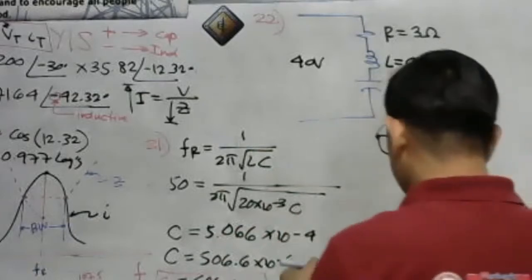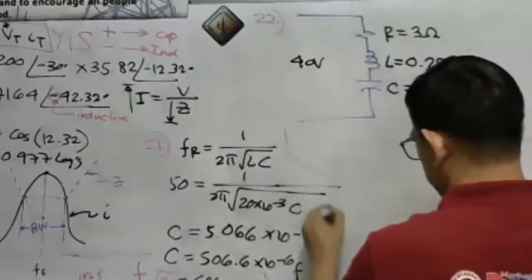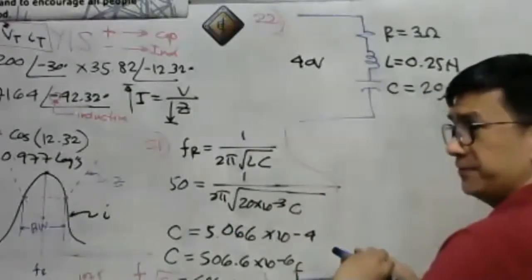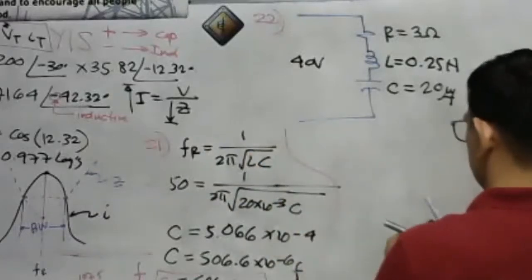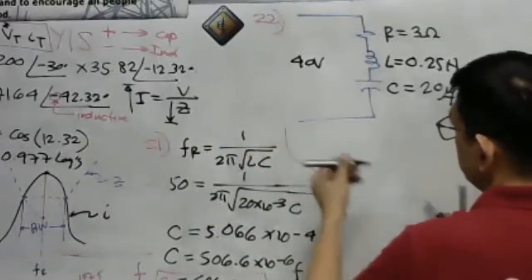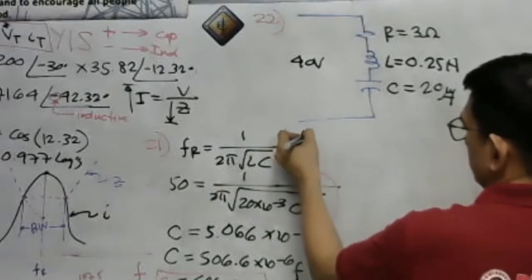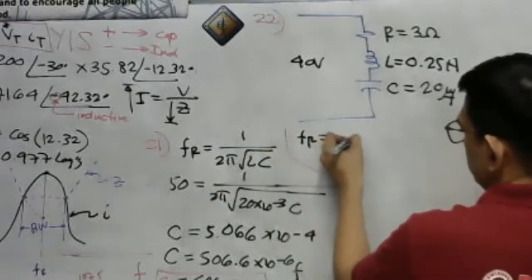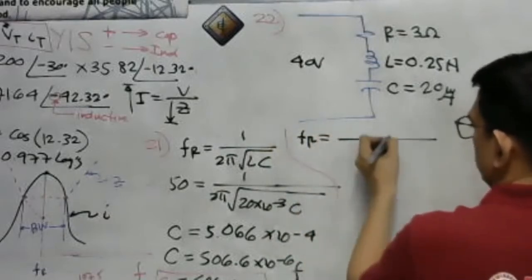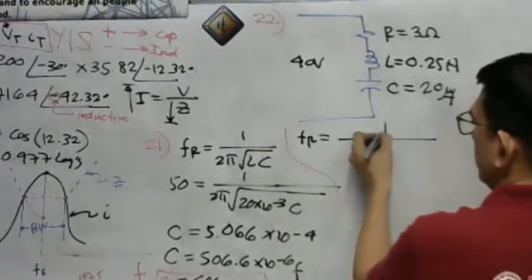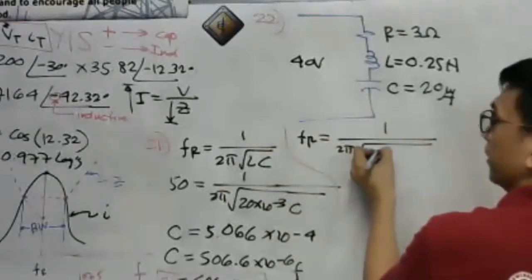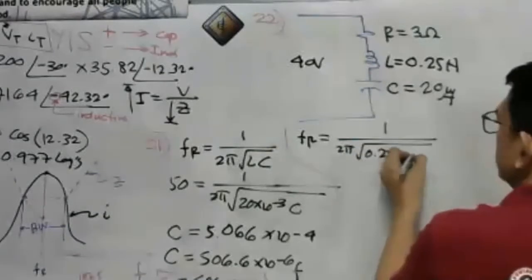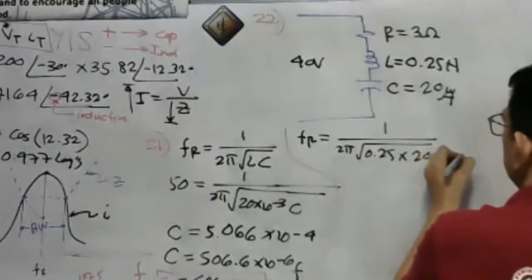Okay, what will be our resonant frequency? Again, just use the same formula as before, 1 over 2 pi square root of LC. Just substitute. So 1 over 2 pi square root of L, 0.25 Henry, then 20 times 10 raised to negative 6.